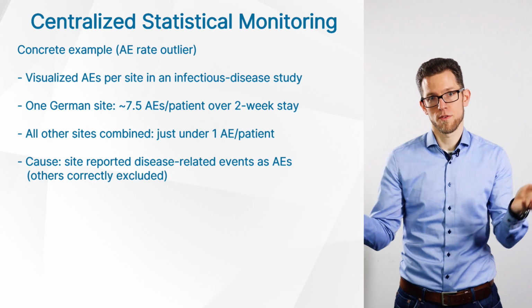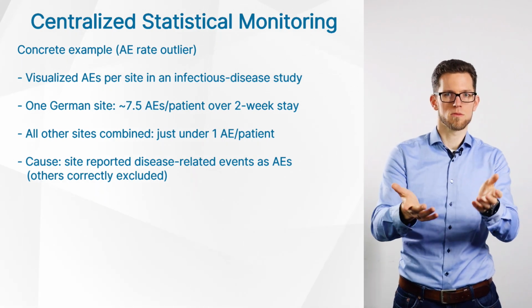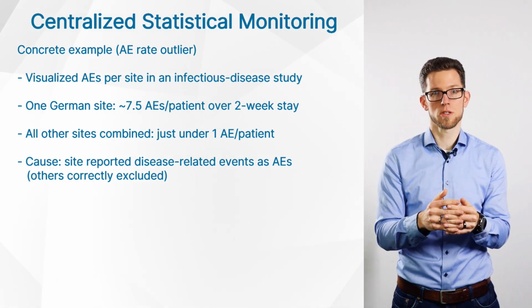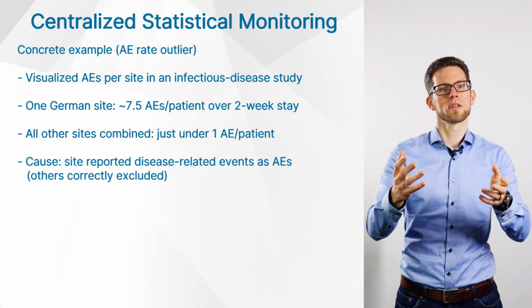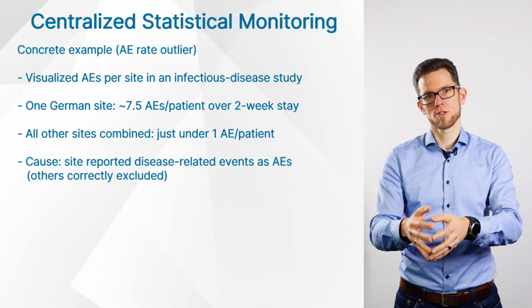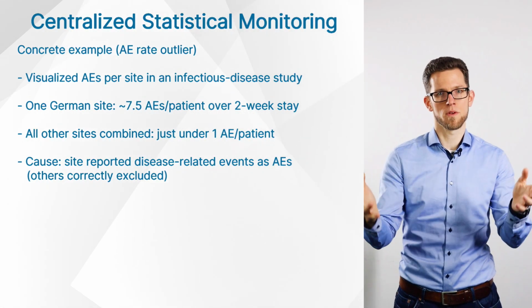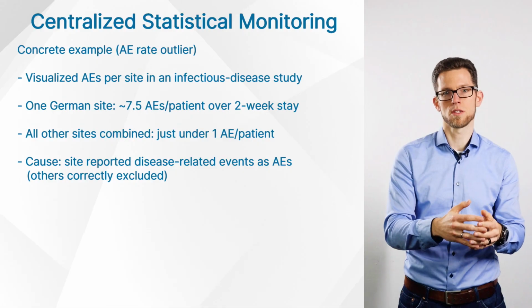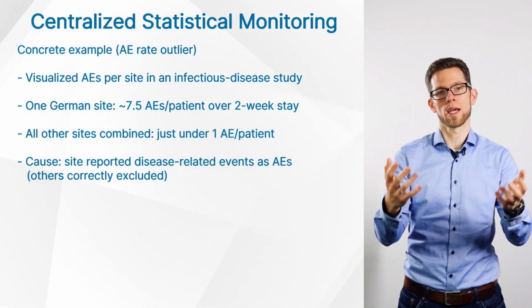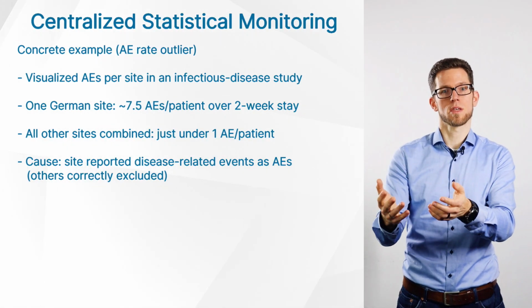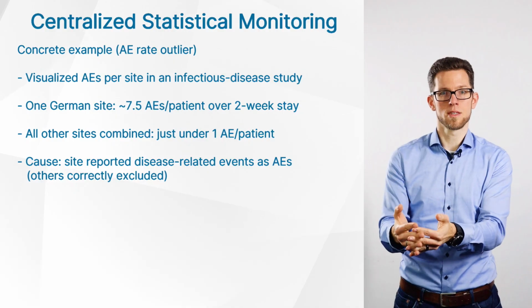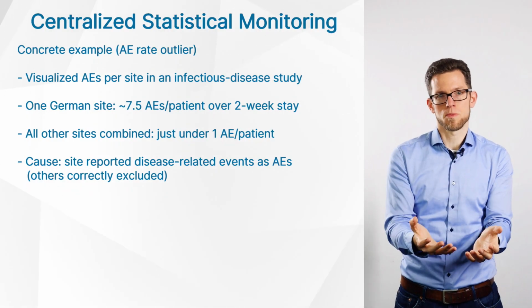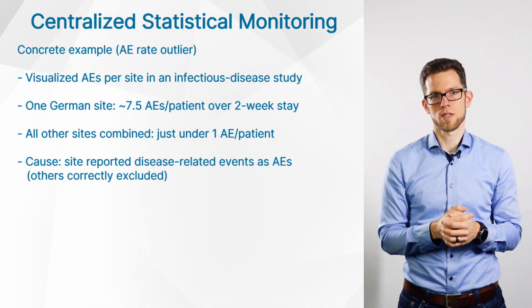And this was done by everyone globally, which resulted in just under 1 adverse event per patient during the treatment period. And it was not done at this one site in Germany, who reported everything that was considered an adverse event, even all of those that were related to the patients and their underlying disease, which is the reason why they were hospitalized in the first place and eligible for the study.